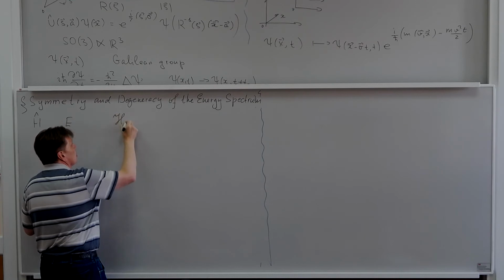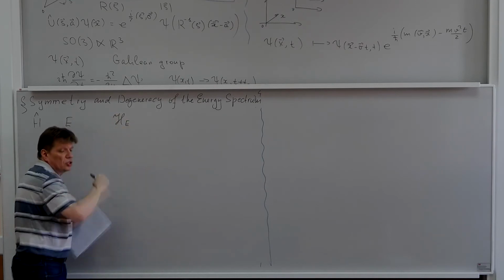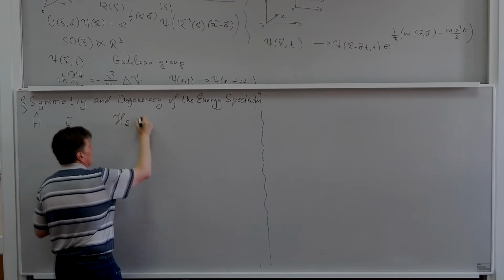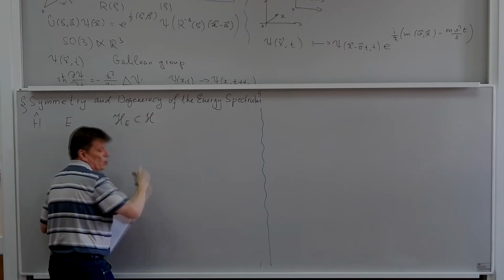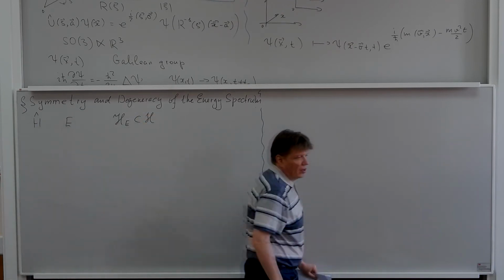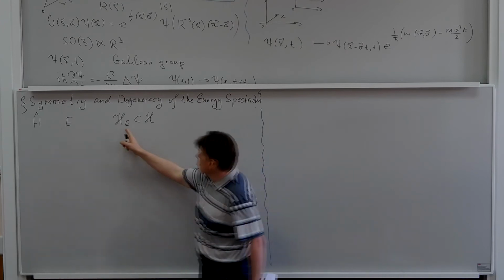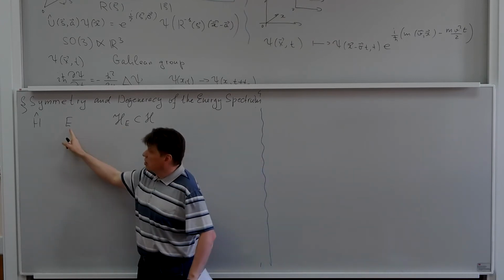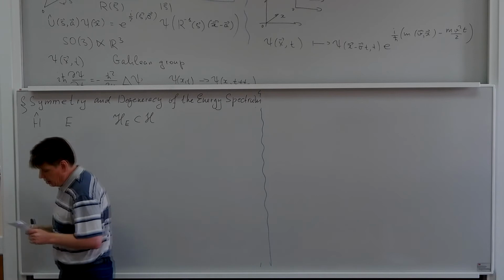Let me denote it H_E, a subspace in the Hilbert space of all states of our system. This is the eigensubspace corresponding or associated with the eigenvalue E.